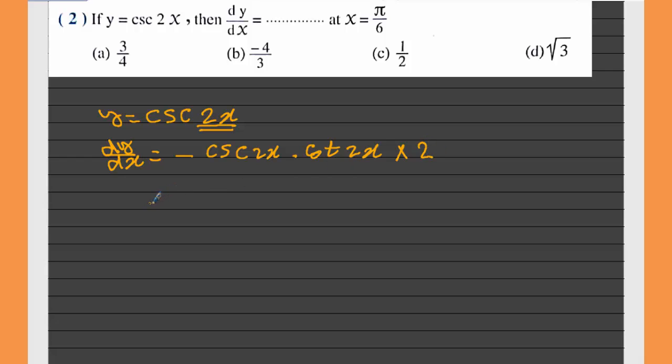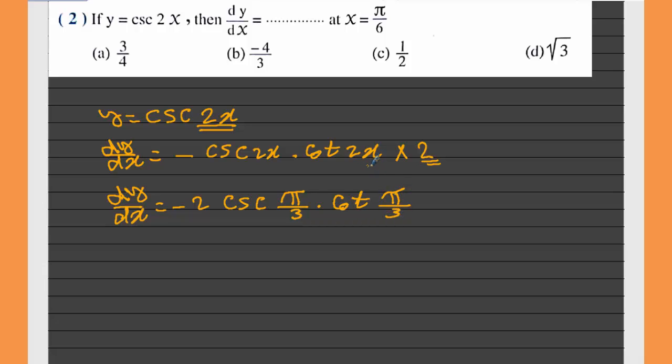Now the required is to find dy dx when x equals pi over 6. So substitute x equals pi over 6, we get dy dx equals negative 2, this 2 here, cosec 2 multiply pi over 6, it is pi over 3, dot cotan pi over 3.